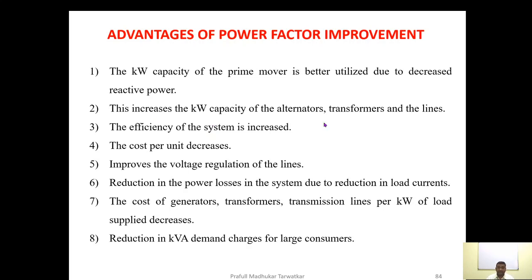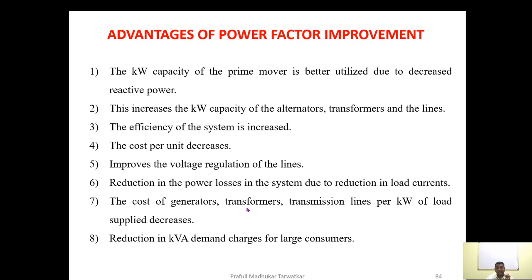Then definitely low losses means improved kW capacity of alternators, transformers and the transmission lines. Efficiency of the power system is also improved. Cost per unit decreases because the number of resources used is less now. Voltage regulation of the system is improved since losses are less. There is a reduction in power losses in the system due to reduction in load current, I square R losses.